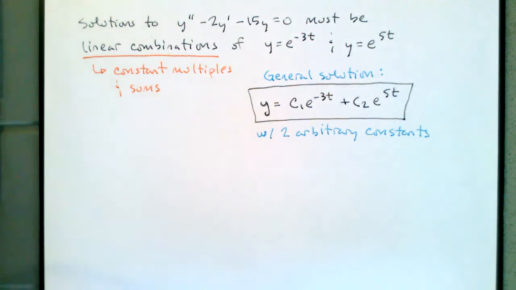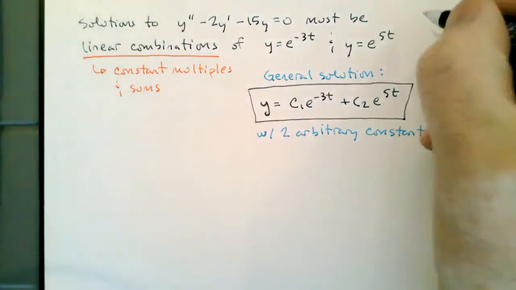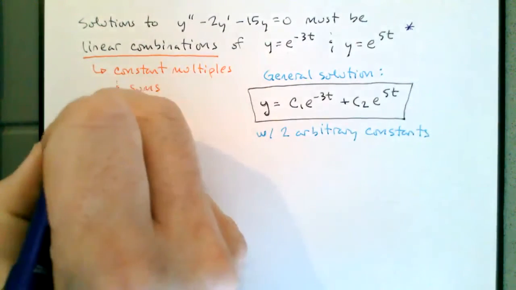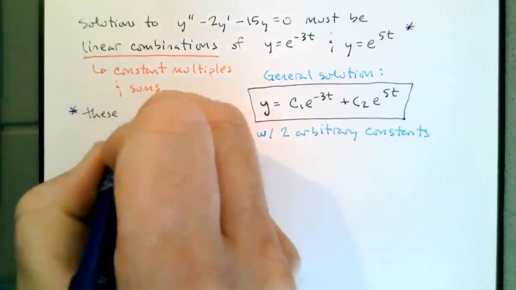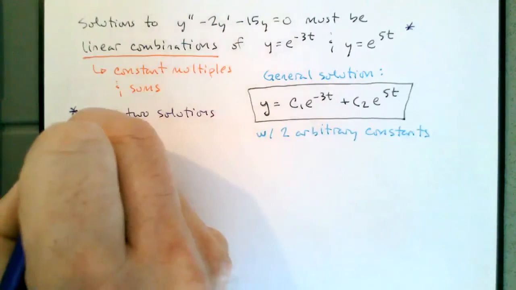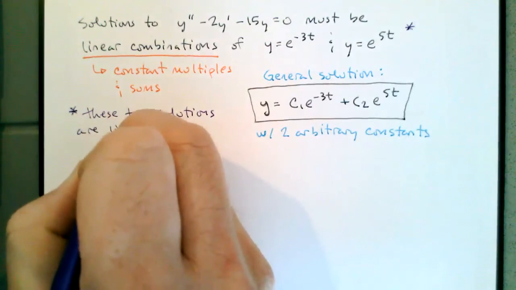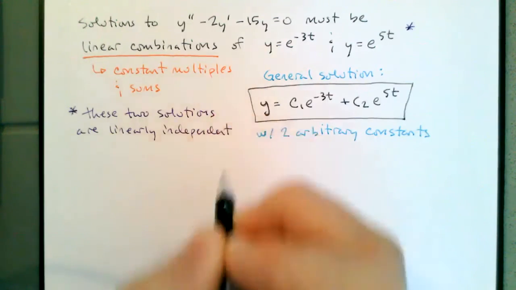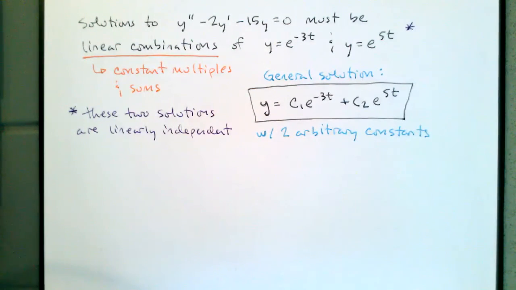We would say that e to the -3t and e to the 5t are linearly independent because one is not a linear combination of the other. So these two solutions are linearly independent because one is not a combination of the other.